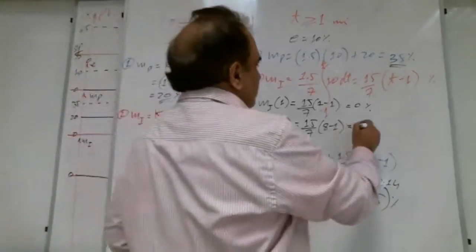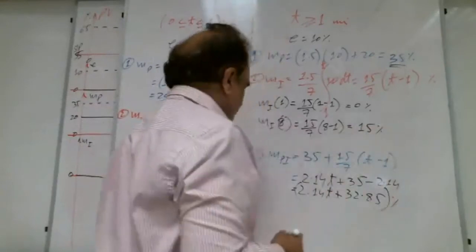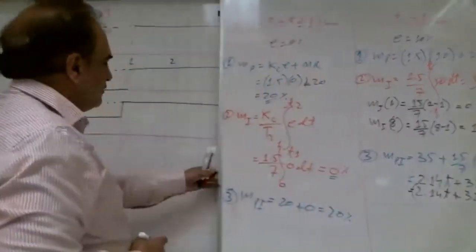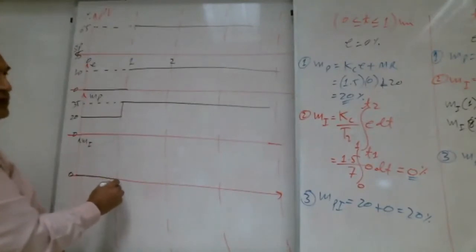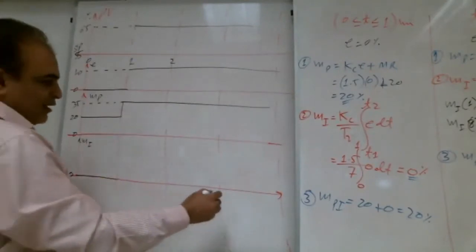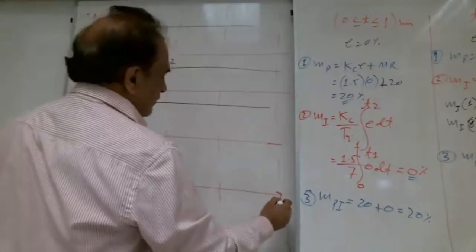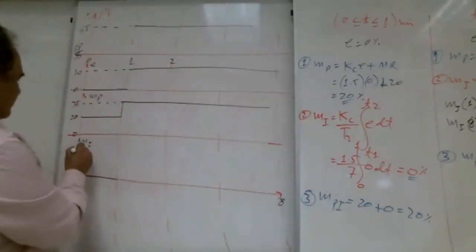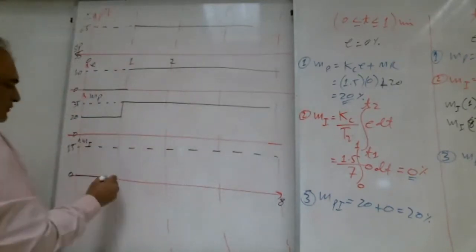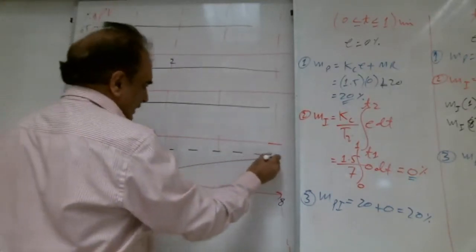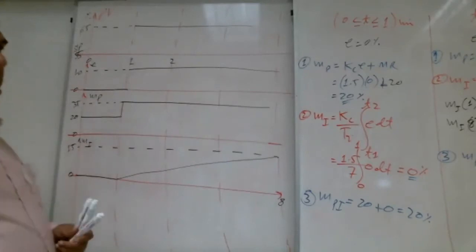That's good. So from 0 to 1 it is 0, and then at 8 it becomes 15, like this. Right?